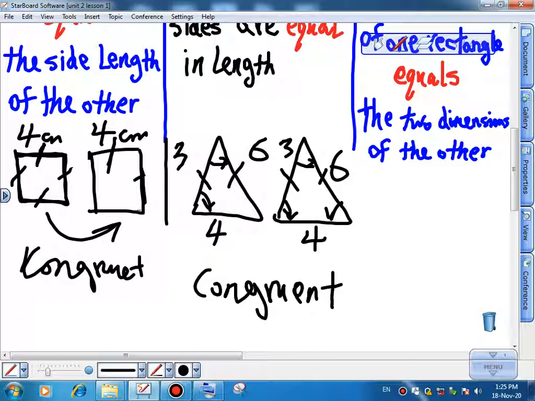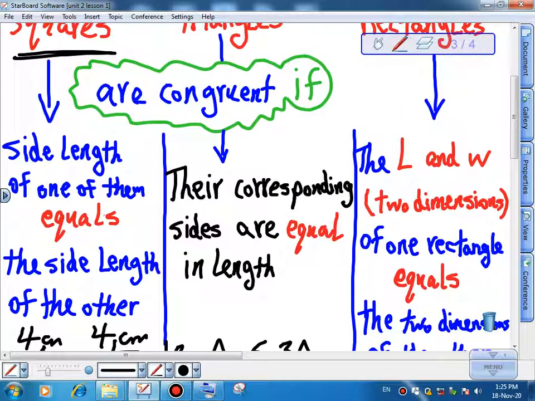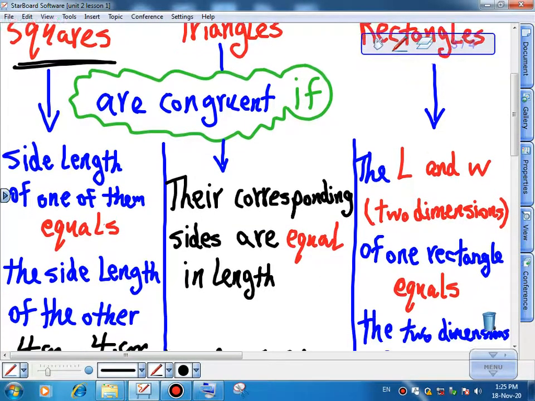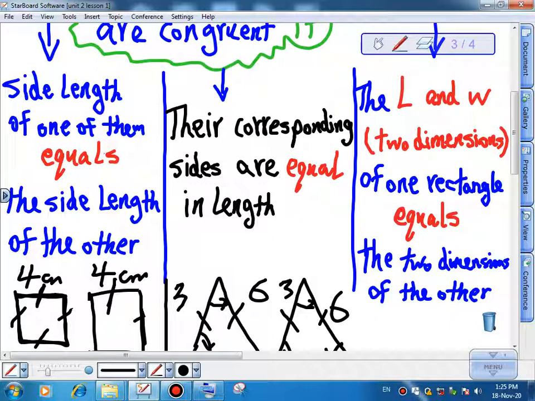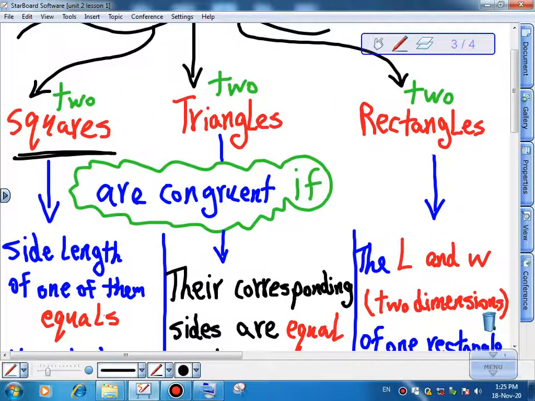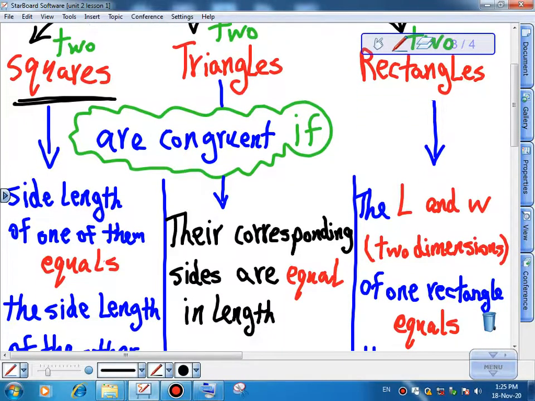These special cases make things easy for me. In squares I need to check only one side. In triangles I need to check all three sides and don't need the angles. And the last special case is in any two rectangles, the length and width.